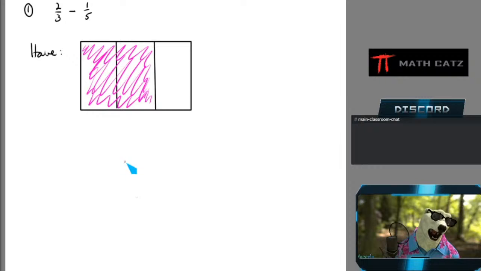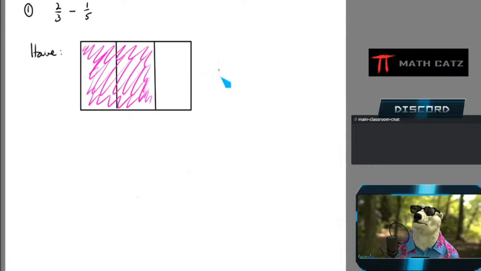When it comes to subtraction, the rest of it is merely an instruction for what to do with that first quantity that I have. I only have 2/3. The subtraction then tells me what to do. I need to remove something.